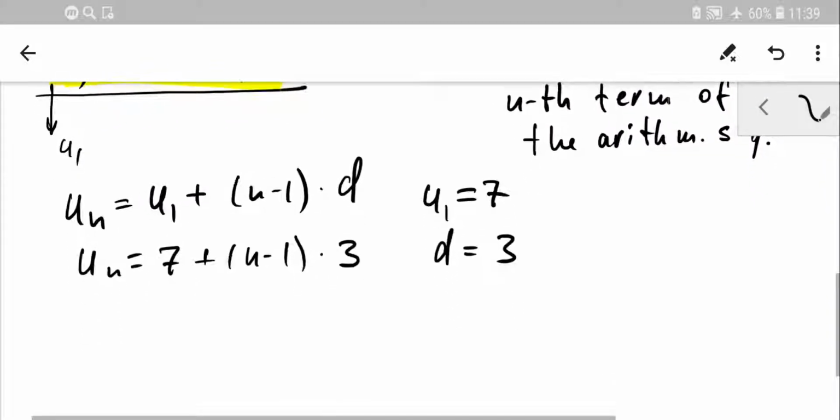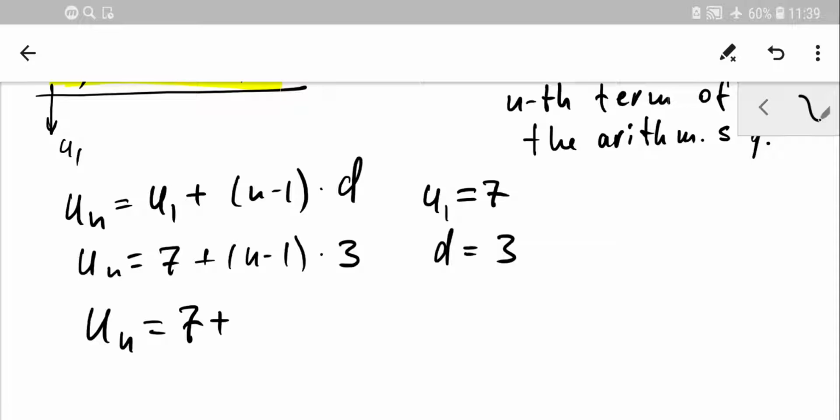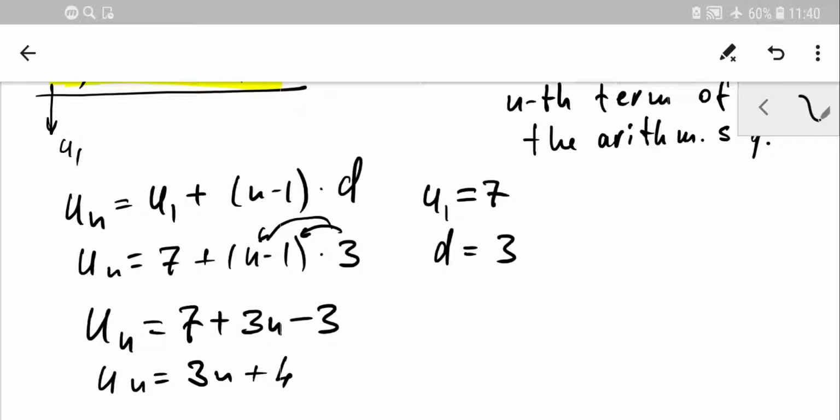Of course you can simplify it. For example, you can expand brackets and say that it's going to be 3n minus 3, and on top of that you can say that the final formula is 3n plus 4.